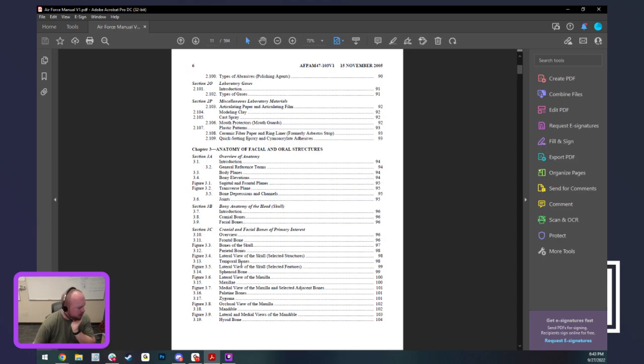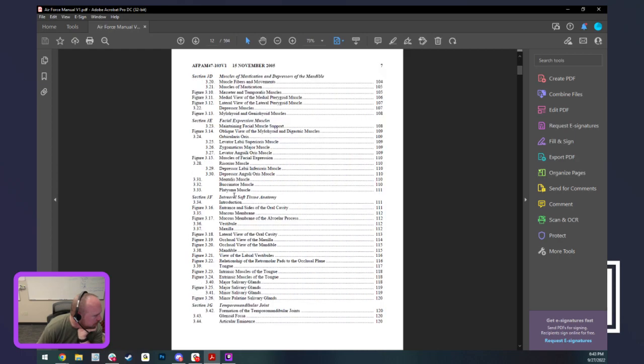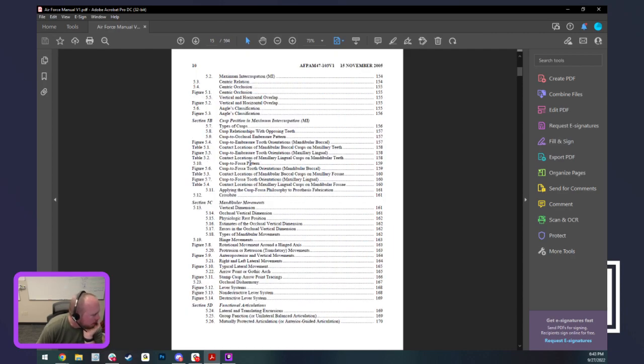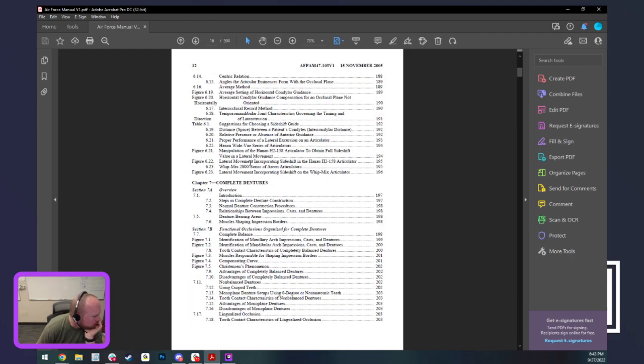So there was a section up here that had really good visuals on the jaw relationships, and you got into class 1, class 2. We copied some of this stuff out, right? So you would think that this same information would be right around where the class jaw relationship is.